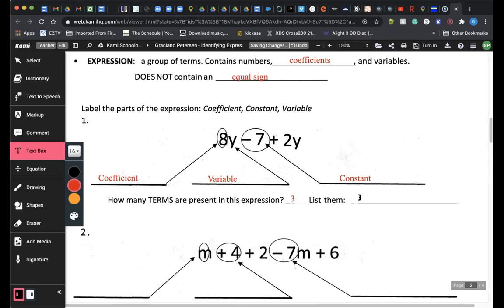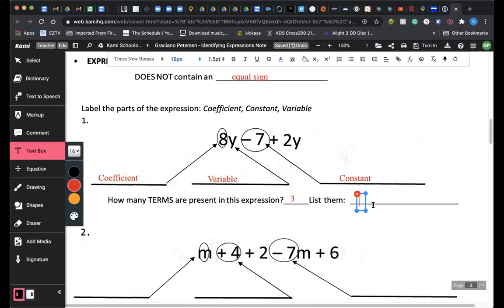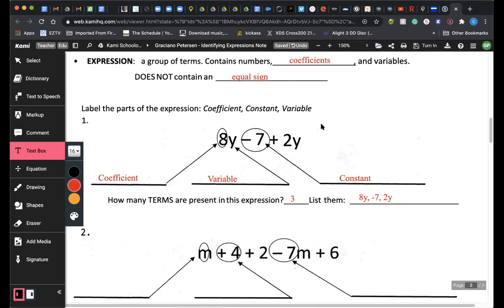Our terms, in order, are 8y, -7, and 2y. Every single thing that's separated by an operation, by a negative or a plus sign, is a term.